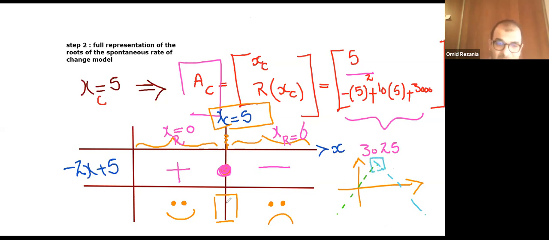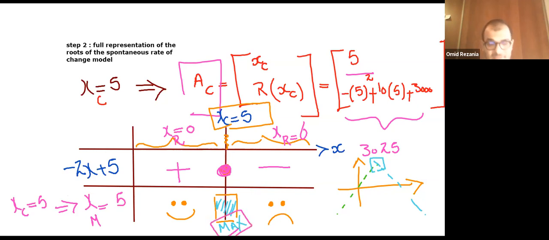It means that the point we have here, xc equal to 5, is going to be a local maxima. So the critical point xc, 5, becomes xm, the maximum point, which is 5. Then 0.5 is our local maximum of that model.